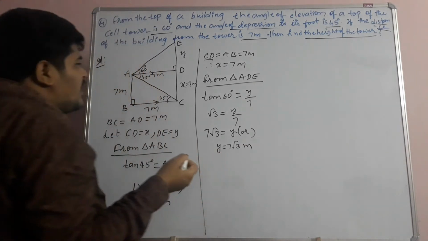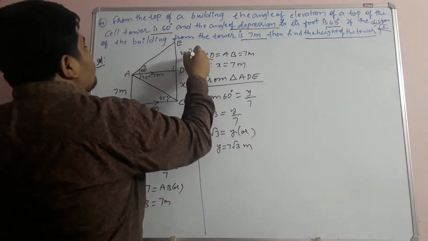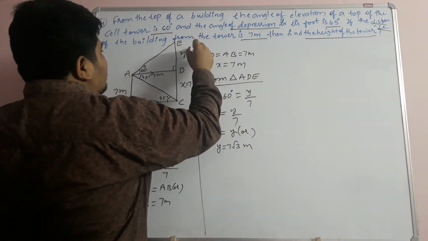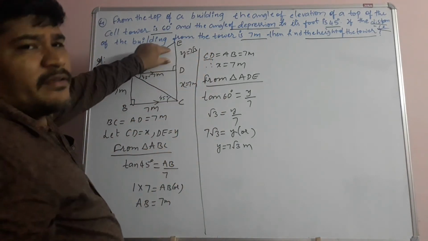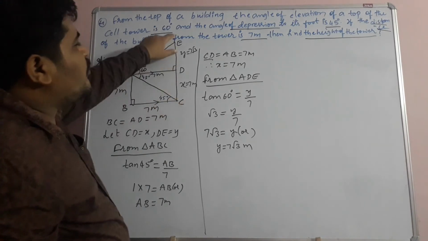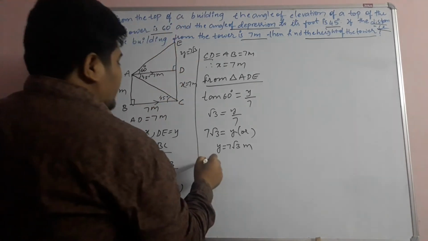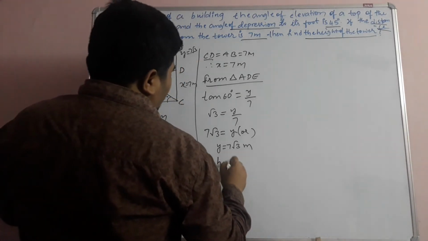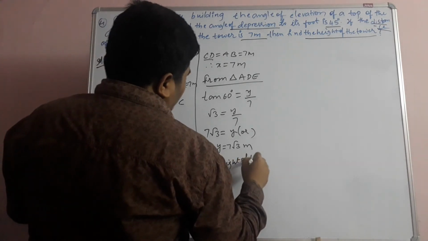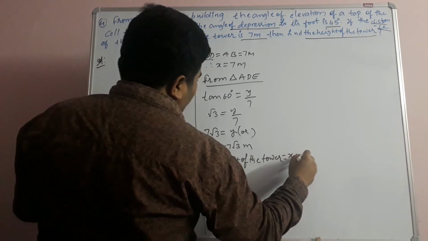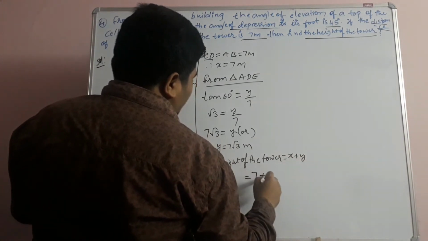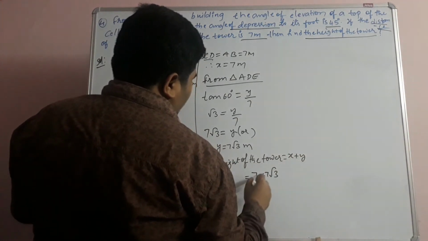Now children, we need to find the height of the tower. As we already discussed, the height of the tower is nothing but X plus Y. From C to E, that is the height of the tower. So therefore, height of the tower is equal to X plus Y, which is equal to 7 plus 7 root 3. You can take 7 common, children.